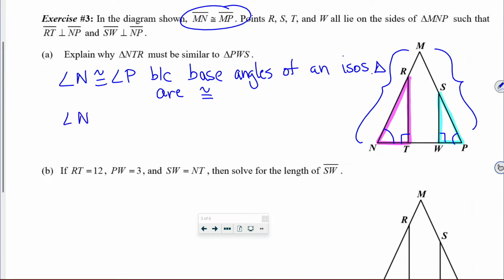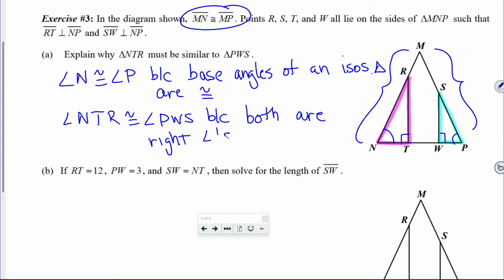Angle NTR is congruent to angle PWS because both are right angles. So triangle NTR must be similar to triangle PWS by angle-angle.